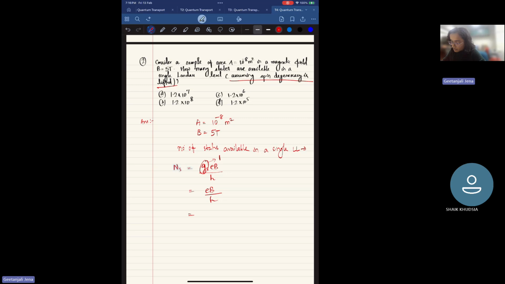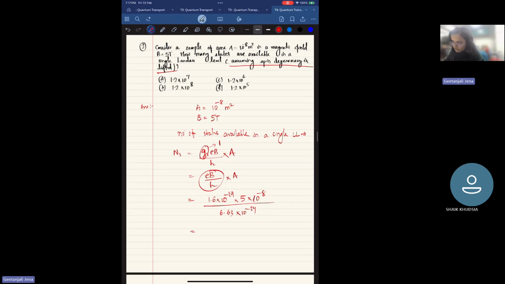All these values are given. e is 1.6 times 10 to the minus 19, B is 5 Tesla, area is 10 to the minus 8, and h is 6.63 times 10 to the minus 34.